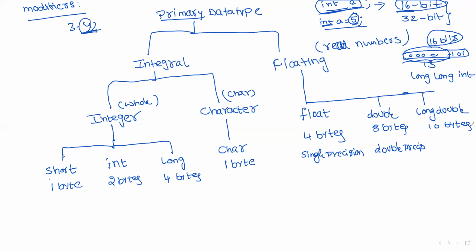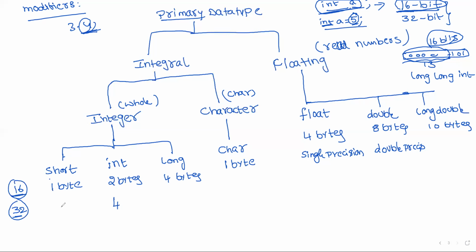Now, this is the architecture we are discussing for a 16-bit machine. If you are using a 32-bit machine, the size of integer is 4 bytes.